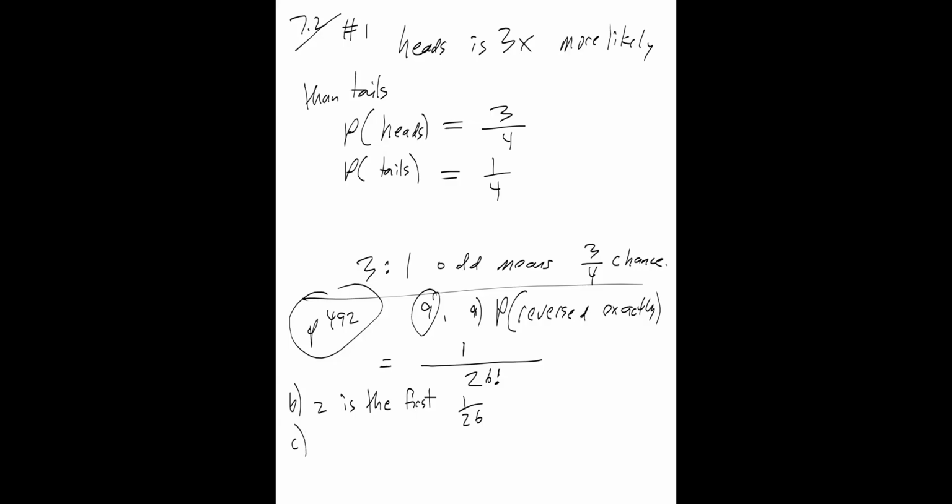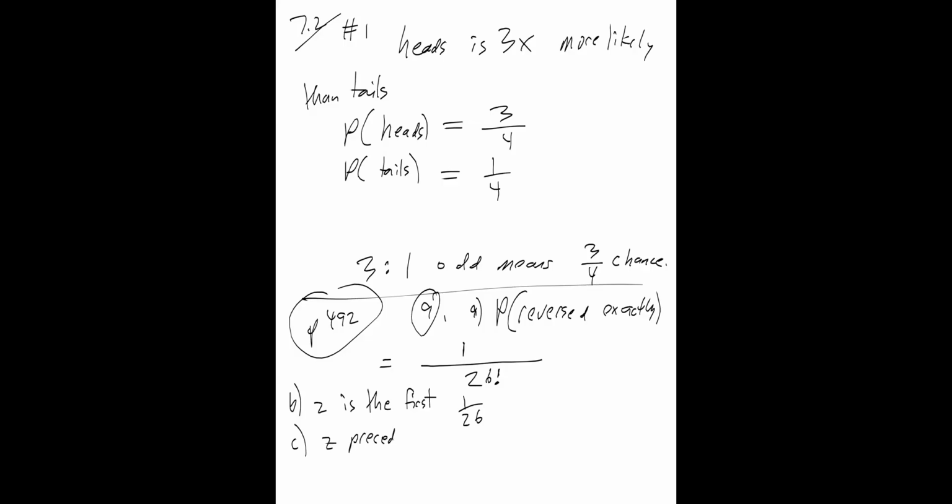Okay, so then C, what's the probability that A and Z are next to each other in the permutation? I'm sorry, I read the wrong one. Yeah, well, okay, I guess I did say number 9. So number 9 actually says, what's the probability that Z precedes A in the permutation? What does that mean?